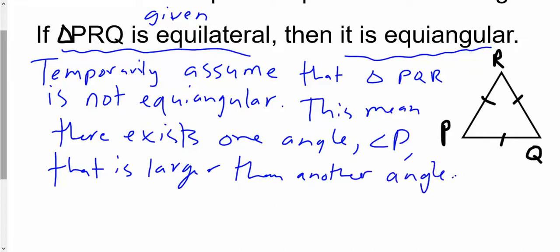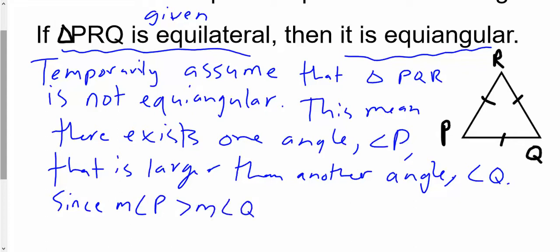We'll call it angle Q. Okay, so since the measure of angle P is greater than the measure of angle Q, then the side opposite, so RQ, has to be greater than RP.